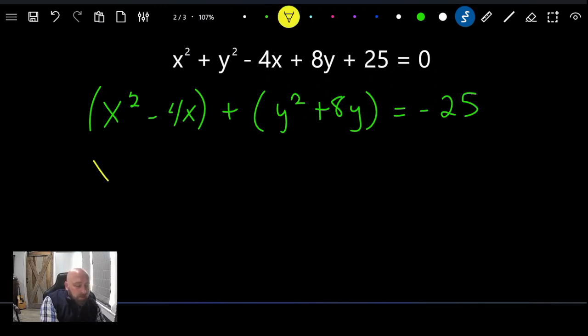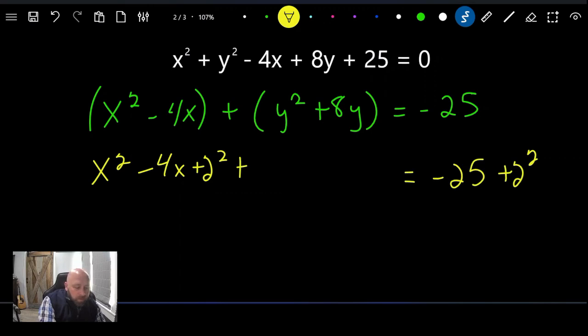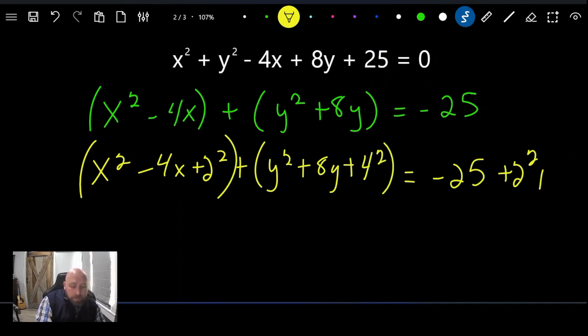The x term gives us x squared minus 4x, and when we divide it by 2 and square, it's going to be 2 squared. So we would add 2 squared over here. Then we do our y side, and we'd end up with y squared plus 8y. We divide that by 2, we get 4, and we would have 4 squared over here, and then add 4 squared over there.